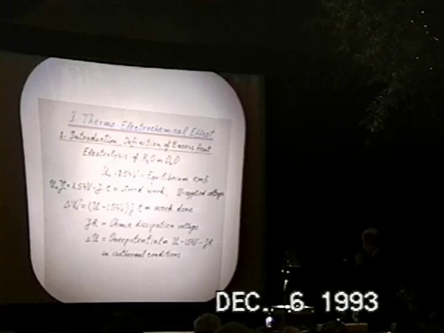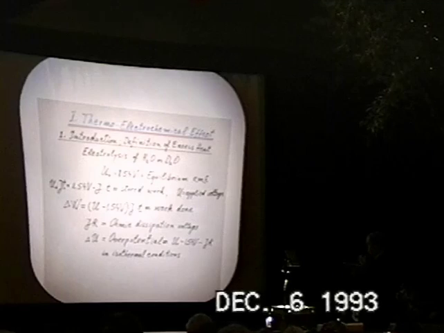U, capital U, is the total applied voltage. The work done by us on the cell, if we don't include the stored work, has this expression.